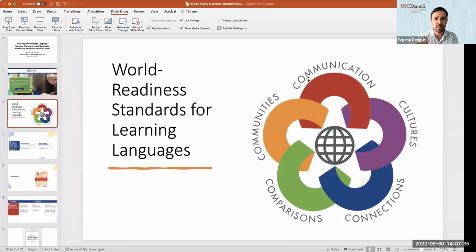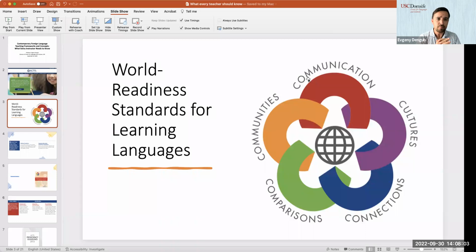But the idea is that we teach language not just so that students know what passé composé is, or what cases are, or what verbs of motion are. We teach language so students can communicate, so they learn about the cultures, they make connections between cultures and various countries and languages, they make comparisons, and they become part of the communities.